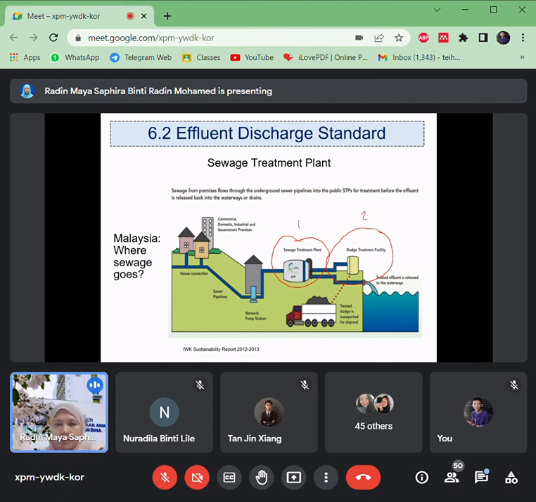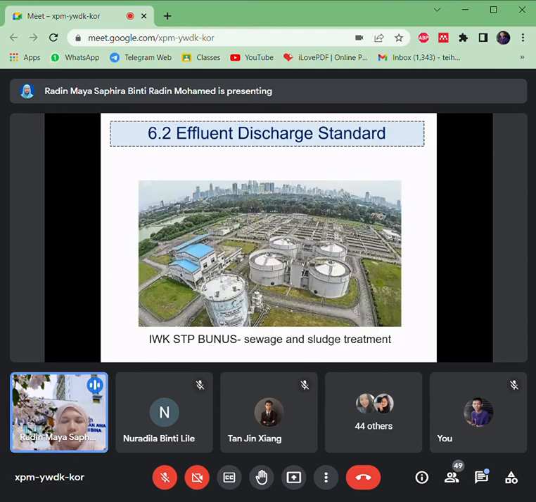Sludge management is critical, because if we don't manage the sludge effectively, it will give a very hazardous effect to the environment as well. Examples, ada IWK STP Bonus, very big one. Ni dekat mana ni? Ini asalnya dekat area KL Selangor kalau tak silap.